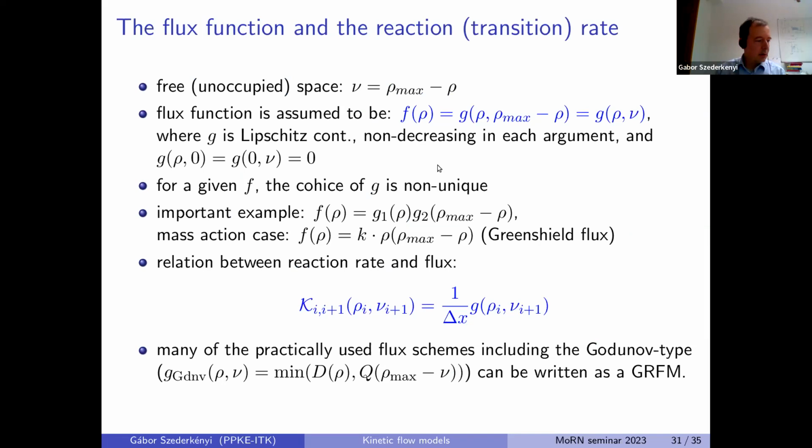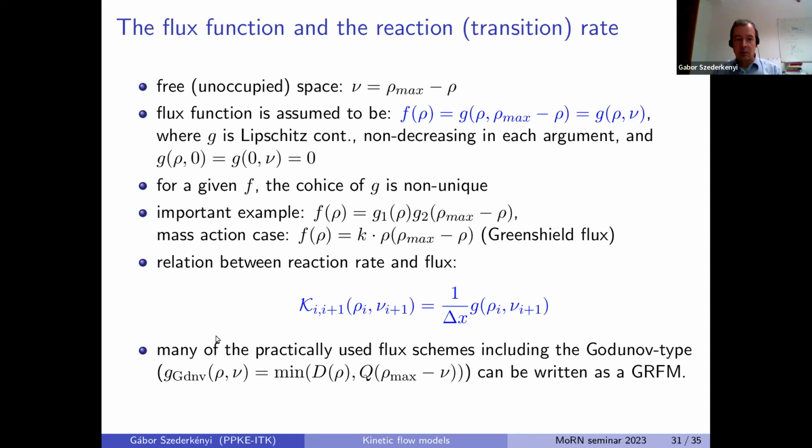Okay, I have not much time left. So the relationship between the flux function of the traffic model and the reaction rate is quite transparent. So this is the reaction rate in the ribosome flow model, and we have to just multiply it with the reciprocal of the size of the road segments, and then we get the transition rate or flux of the traffic flow models.